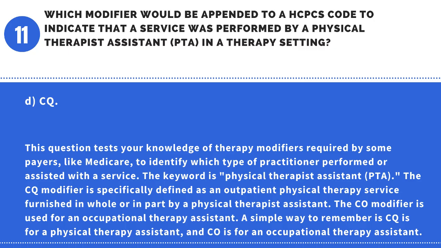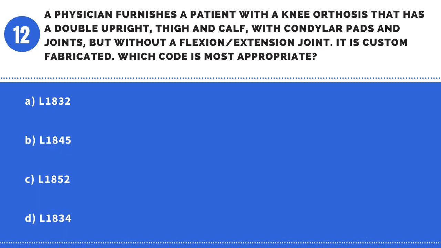The CO modifier is used for an occupational therapy assistant. A simple way to remember is CQ is for a physical therapy assistant, and CO is for an occupational therapy assistant. Question 12.